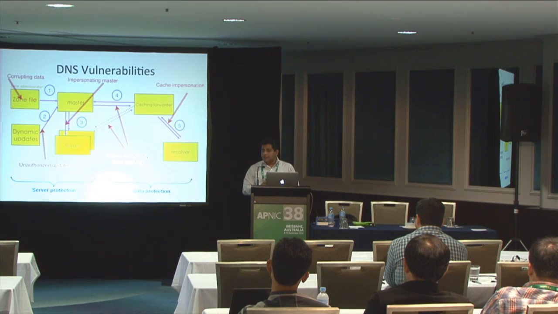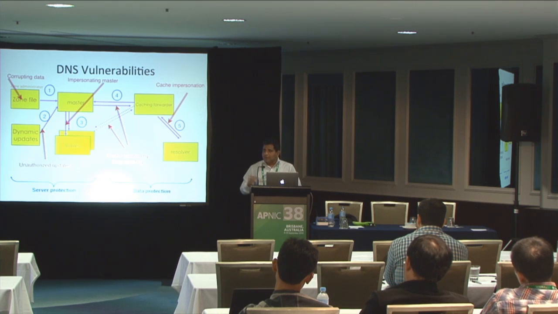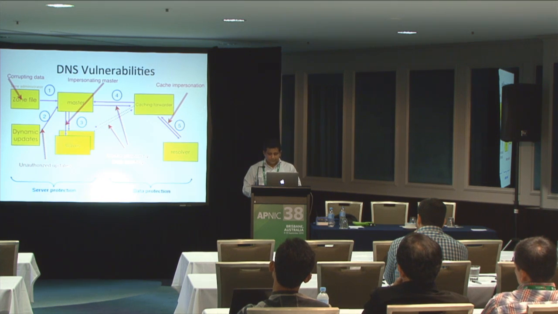If the integrity is lost, we can't call it a secure system. So what we try to do here with DNSSEC is to make sure that our DNS data is protected and the integrity is all intact, okay?